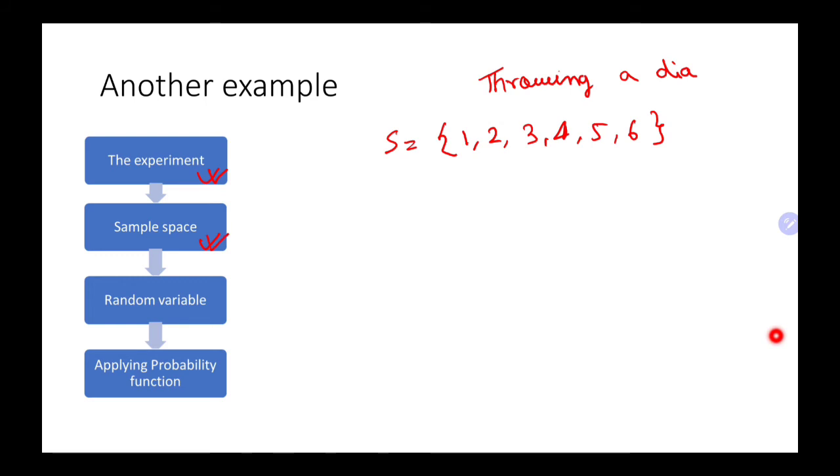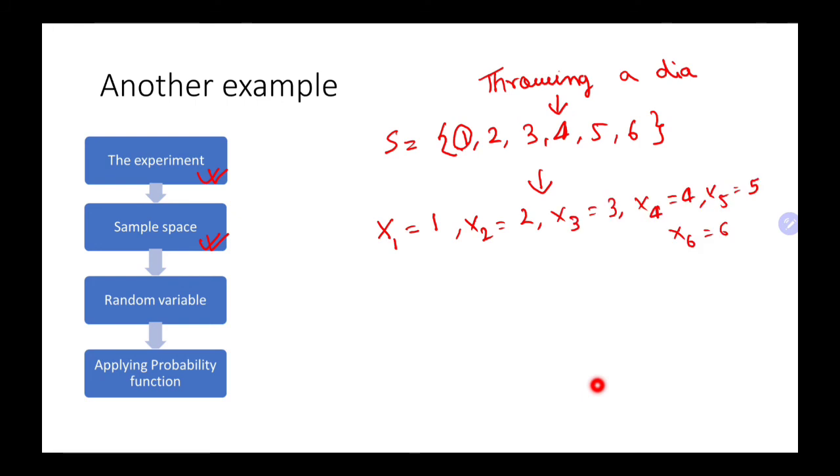Now the process of creating the random variable comes in. Remember, it just assigns a real value to all the events. If we denote x1 as the value the random variable assigns to getting the event 1, for our ease let's assign this a value of 1. Similarly we can do it for the rest. So we have assigned the values 1, 2, 3, 4, 5, 6 just for convenience.